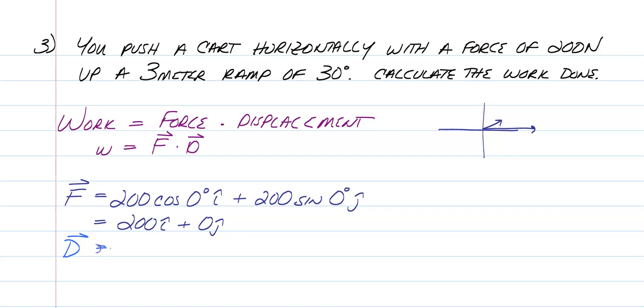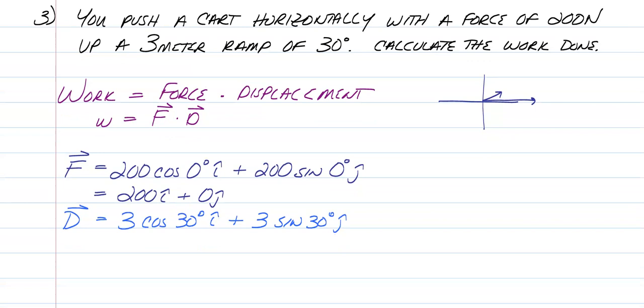So our displacement vector is going to be 3 cosine of 30 degrees i hat plus 3 sine of 30 degrees j hat, because 3 is the number of meters we're going to be pushing this. We're going to type that in our graphing calculator, and we are going to end up with 2.6 i hat plus 1.5 j hat.